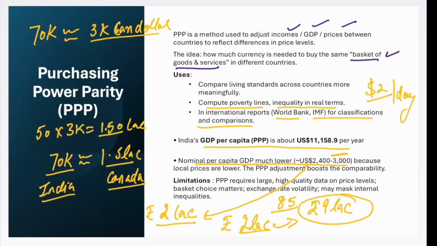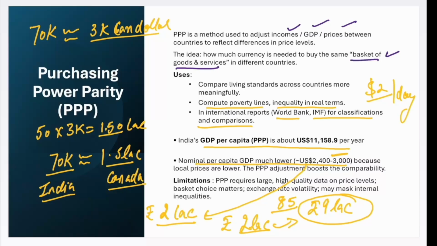This shows how much cheaper it is to buy products in India as a basket of goods and services. So the economy is cheaper, because at purchasing power parity, we are much lower.